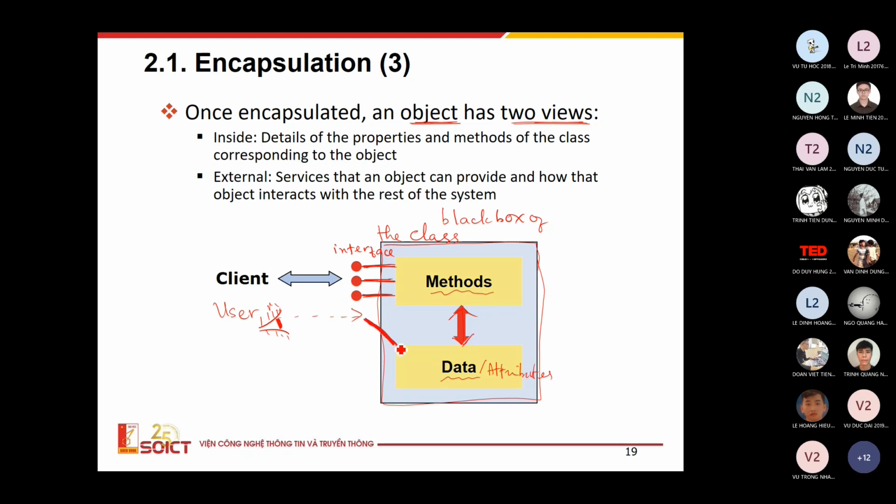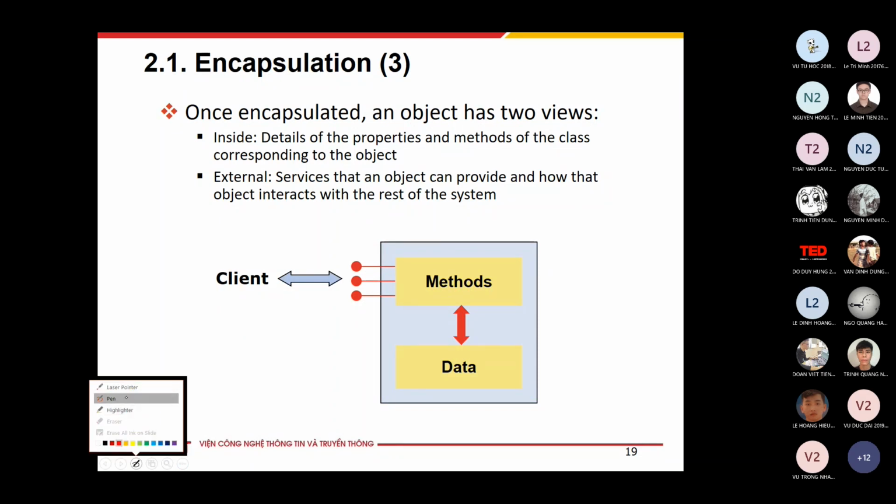If you provide them the interface to see the data, they can see the data. So it depends on how this black box is designed. Okay. Depending on how the black box, this class, is designed, the outside can see the methods or the attributes of the class. This is how the outside can look into this class. Inside this class, the methods and attributes can see each other. That is the picture of the two views of a class.